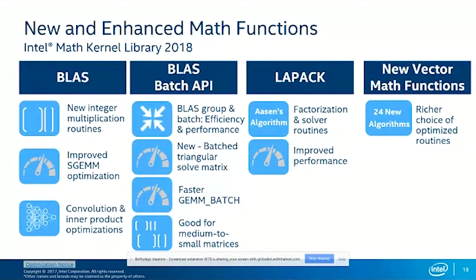A batched API means that if I have multiple matrices and need to do some computation, you can provide multiple matrices into one function call.